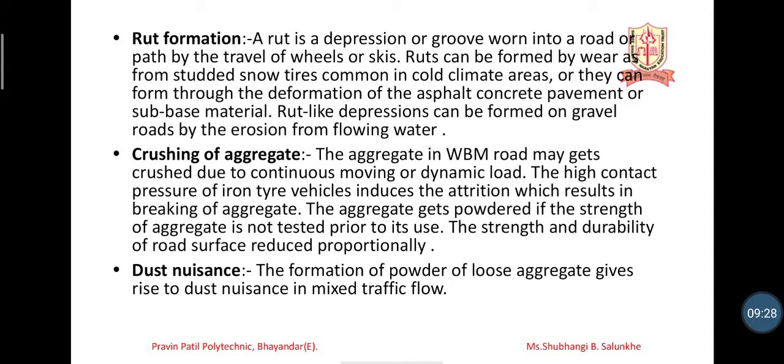The strength and durability of the road surface reduce proportionally. It means that even though the aggregate has been crushed and placed on the road, because of the vehicular load and the dynamic load applied on the road, the aggregate will get crushed further.